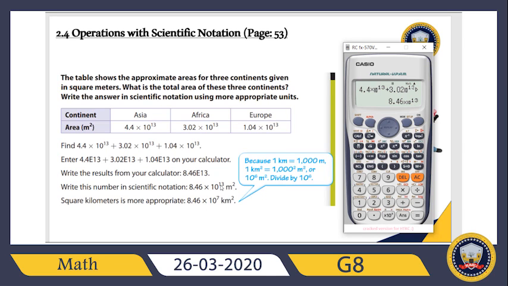So I'm going to divide this number by 10 to the power of 6. Why? Again, because to convert from meter squared to kilometer squared, you divide by 10,000 or 10 to the power of 6. So this number divided by 10 to the power of 6 is the same number times 10 to the power of 13 minus 6, which is 7, in kilometer squared. Great.